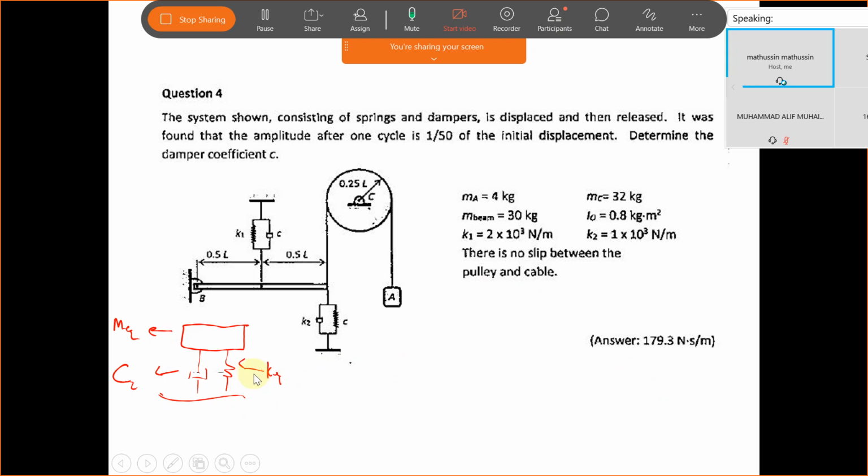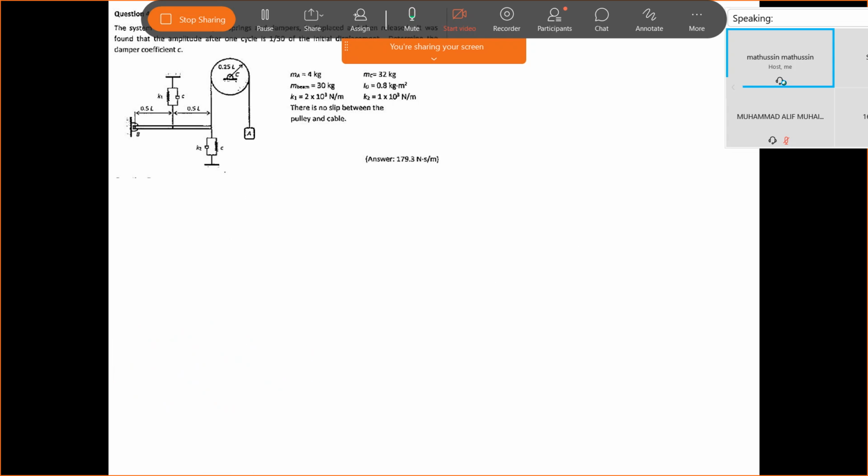Macam ni kita nak dapatkan C, then kita kena guna kaedah equivalent, paling senang kan. So macam ni kita nak buat. First adalah we need to choose which point we need to transfer all the system or all the values dekat sini.